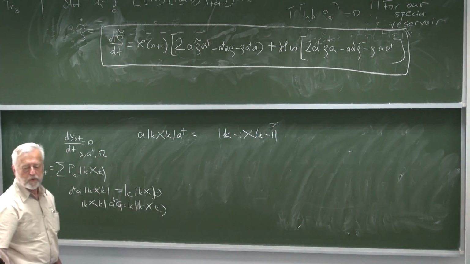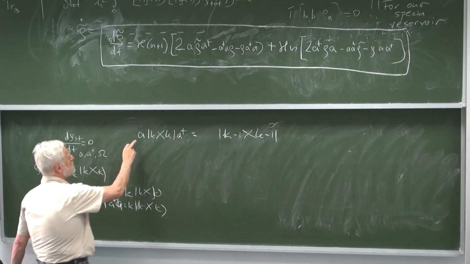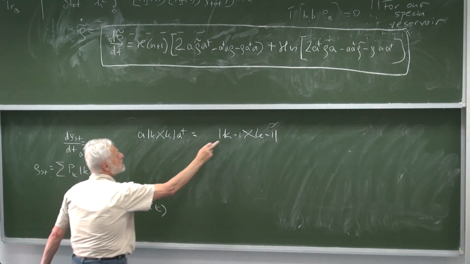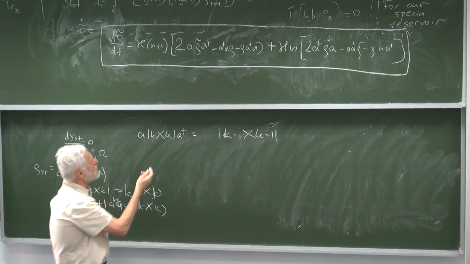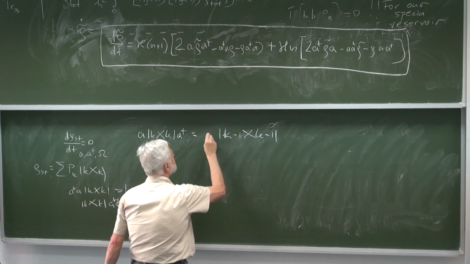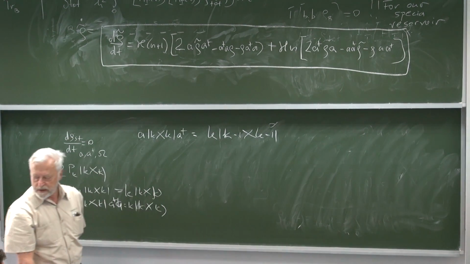And what's the proportionality coefficient? You remember probably a acting on |k> gives |k-1> times square root of k. So does this acting this way. So here I get simply k.